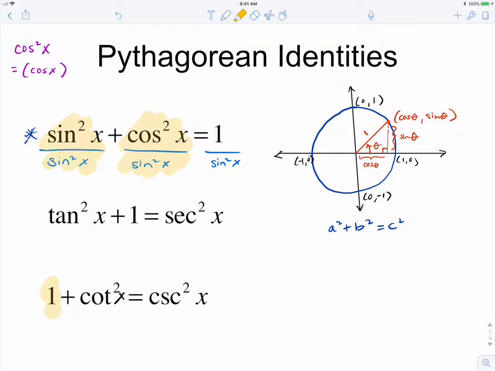Cosine squared divided by sine squared is cotangent squared, since cosine over sine is cotangent. And 1 over sine squared is equal to cosecant squared. So you're easily able to derive all three of those identities.